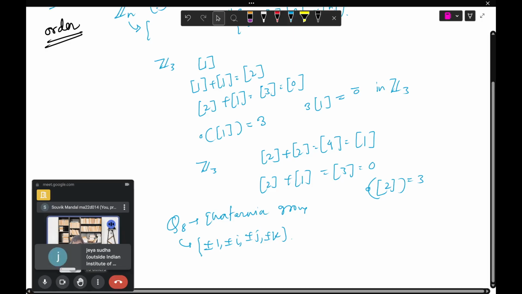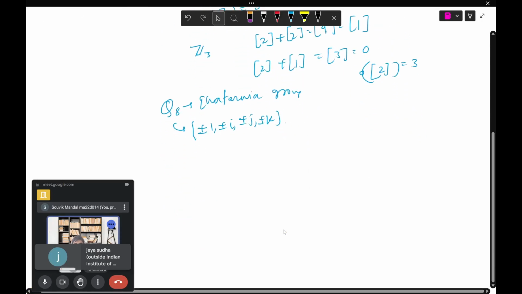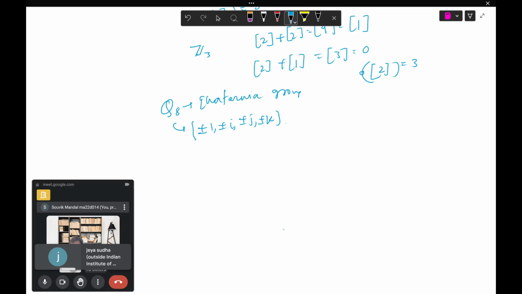Right, but the order of 1 is 1 obviously, and the order of minus 1 is 2, and the order of the other elements is 4. It is defined in the way that i squared equals minus 1.